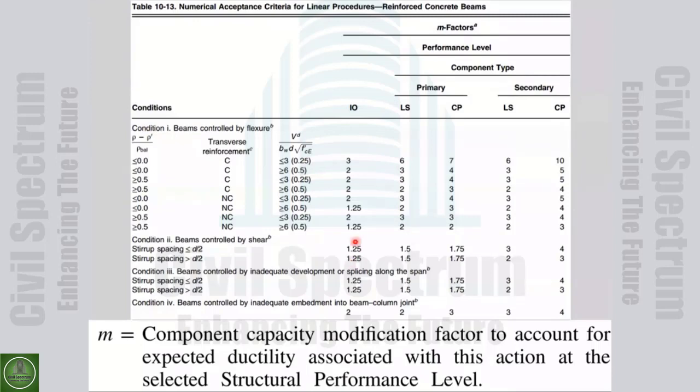For example, for different conditions, if the beam is controlled by flexure or shear, and different situations, the values are shown in the tables.